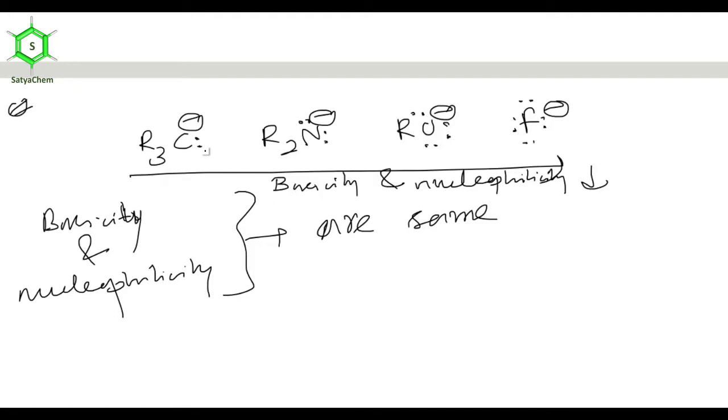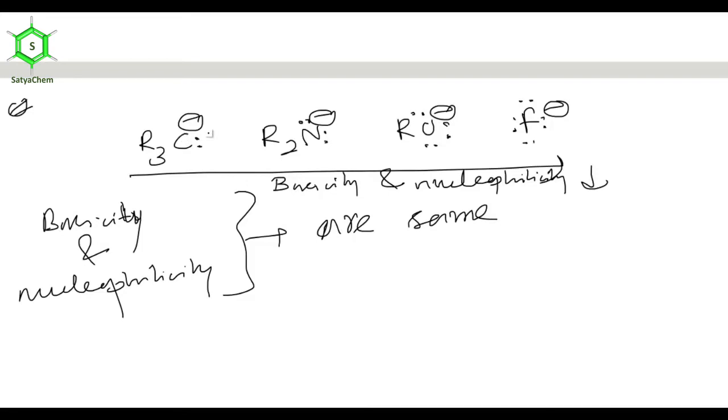So R3C minus becomes very, very unstable, because it has nearly zero tendency to hold the electron pair, since in this series carbon has minimum electronegativity. As a result, it becomes very unstable.